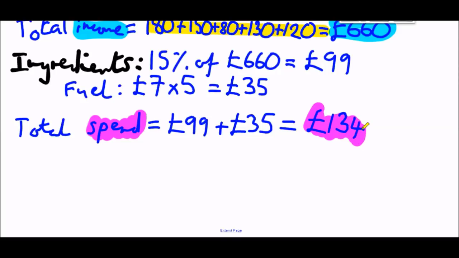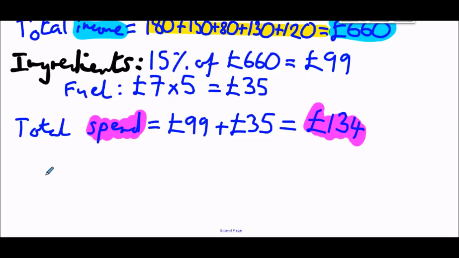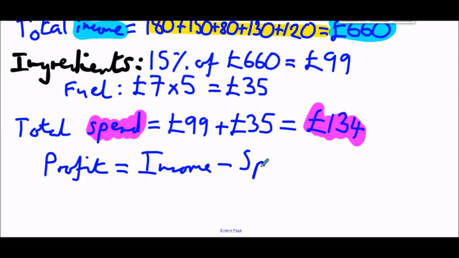So we're now in a position to work out the total profit. So his profit is his income minus his spend. Total of his incomings minus the total of his outgoings.